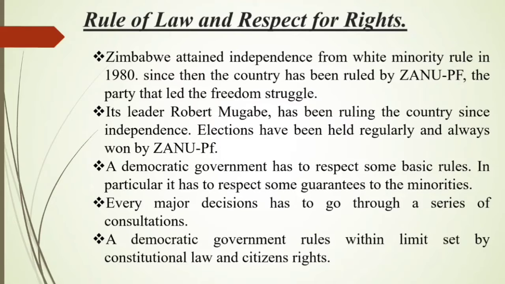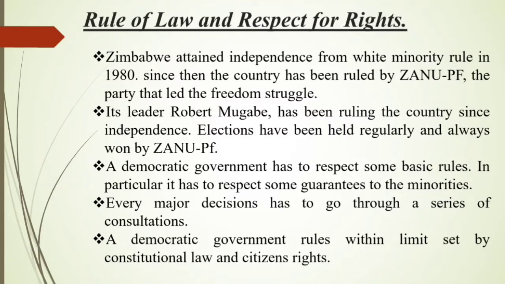And the party ZANU-PF played an important role in the freedom struggle of Zimbabwe. तो जिम्बाब्वे की जो फ्रीडम स्ट्रगल, आज़ादी के लिए जो लड़ाई हो रही थी, तो उसमें एक पॉलिटिकल पार्टी था जिम्बाब्वे का जिसका नाम था ZANU-PF, जिस पॉलिटिकल पार्टी ने सबसे इम्पोर्टेंट रोल प्ले किया था जिम्बाब्वे को आज़ादी दिलाने के लिए.